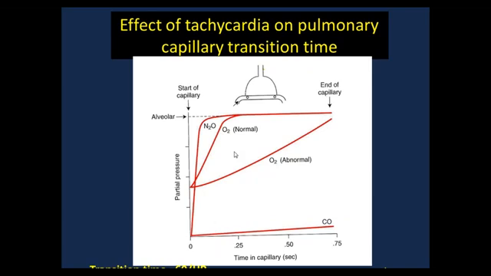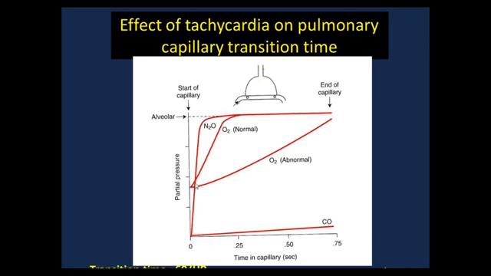What about heart rate? For the capillaries to be perfused, and to accept the oxygen while blood passes through the capillaries, we have on this axis the time, and we have nitrous oxide, so ignore this curve, and you have the normal oxygen curve.